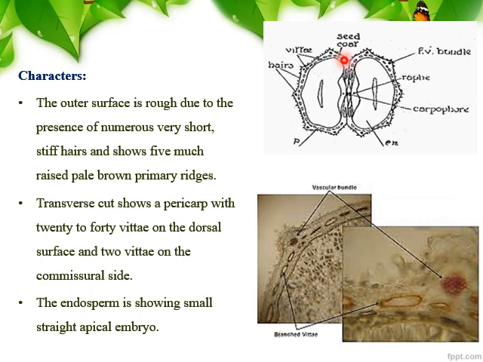With anise we have numerous vittae, as they are branched, which increases the number of vittae on the dorsal side, but on the commissural side we still have the 2 vittae on each half.